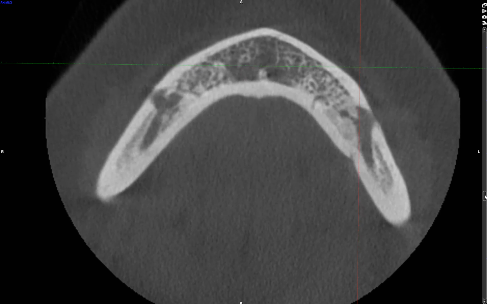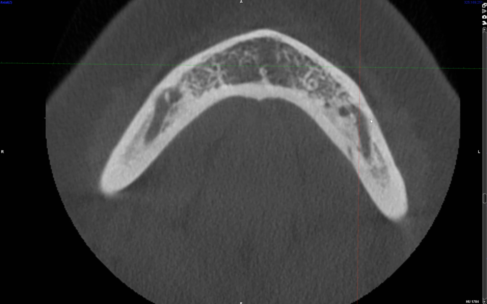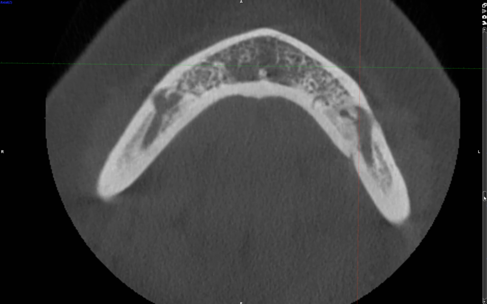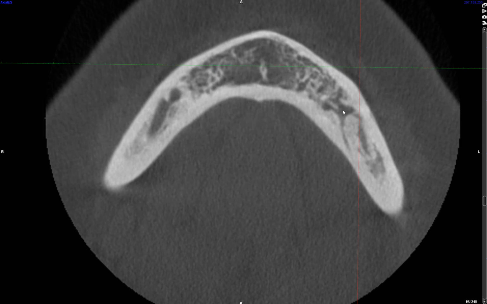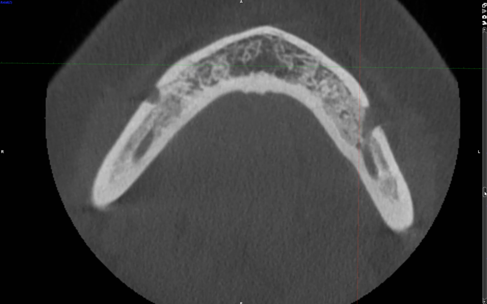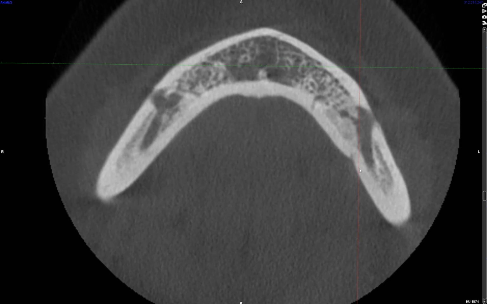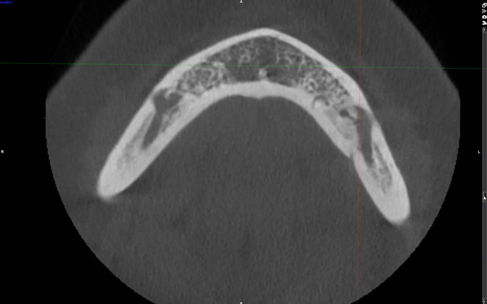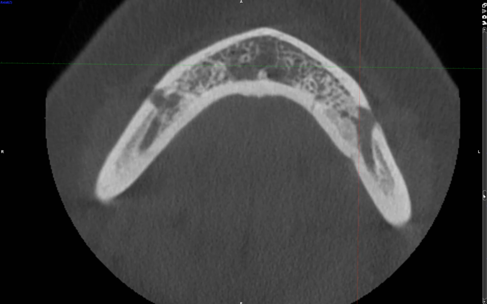After passing the mental foramen, it bifurcates here into potentially multiple small branches, and then one courses back posteriorly to the molar area and exits here, right? Exits through the lingual cortex. That's located distal to the mental foramen, and a similar feature can be seen on the contralateral side.